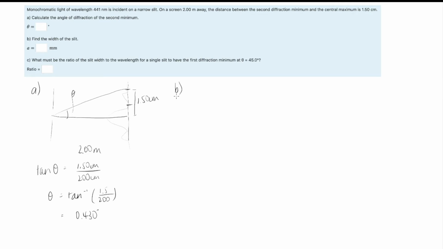Part B, find the width of the slit. Okay, so the mth diffraction minimum is given to us by the equation a sin theta equals m lambda. Now, m in this case is going to be 2, and what we need to do is just rearrange this to find what a is.